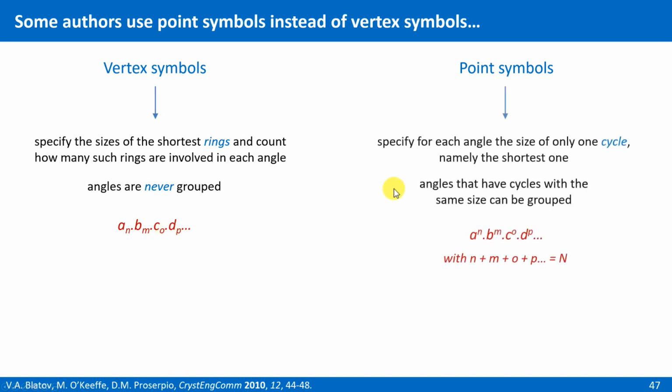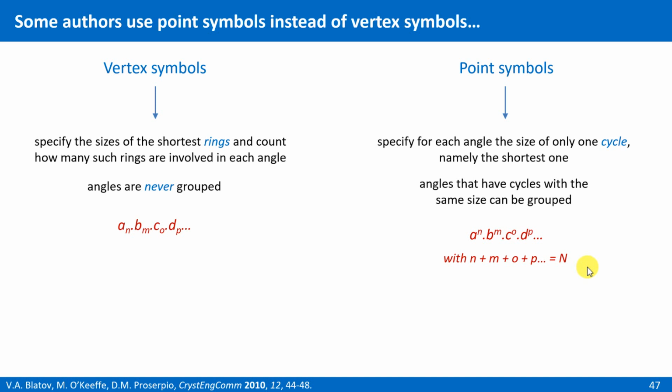In point symbols, you look for shortest cycles instead, and you only specify the size of one shortest cycle, no matter if there are perhaps two or more such shortest cycles in one angle involved. So only n cycles are specified. This is one difference, and the second difference is that cycle sizes instead of ring sizes are specified.